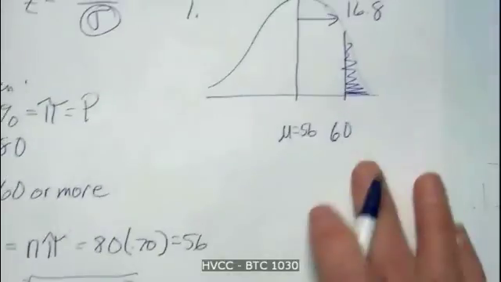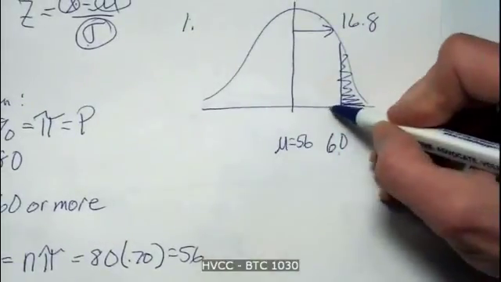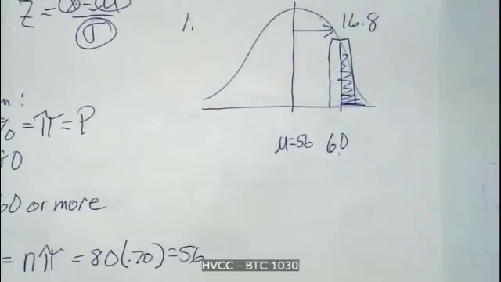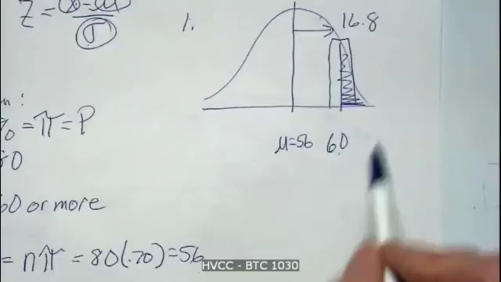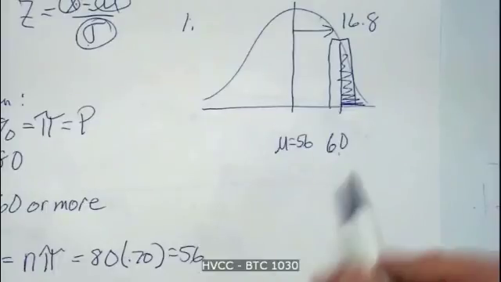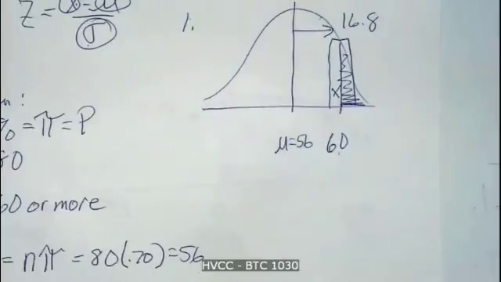How do we know? Well, I tell students to draw the curve and put an exaggerated box around the x value. We have to include that entire bar because it's a binomial. You notice right here, this area is not included.